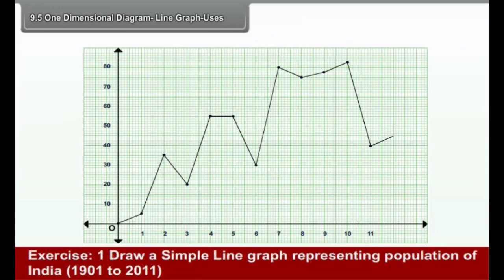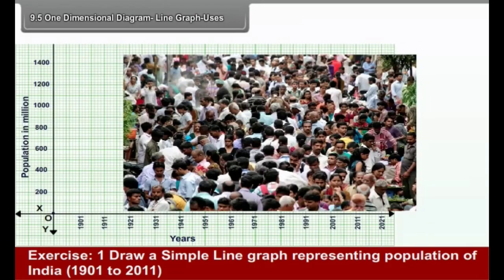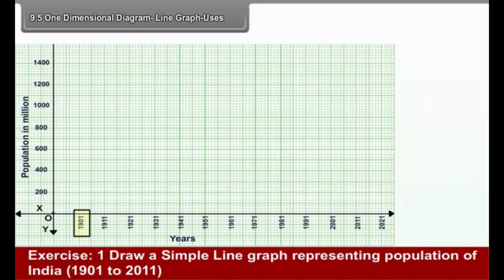It is a very simple method which gives an immediate visual impact. Exercise 1. Draw a simple line graph representing population of India, 1901 to 2011.